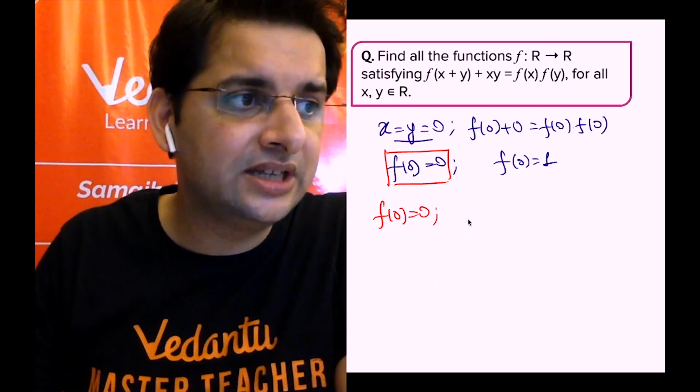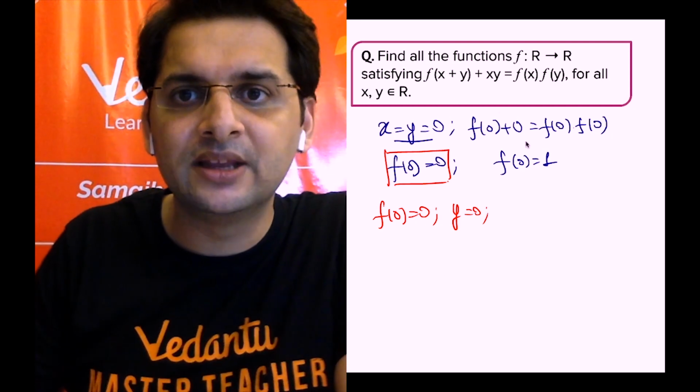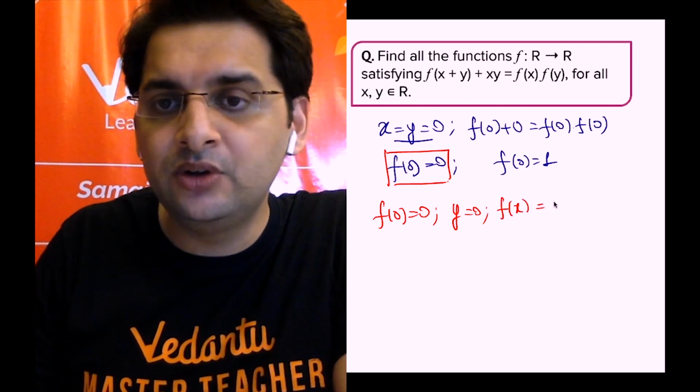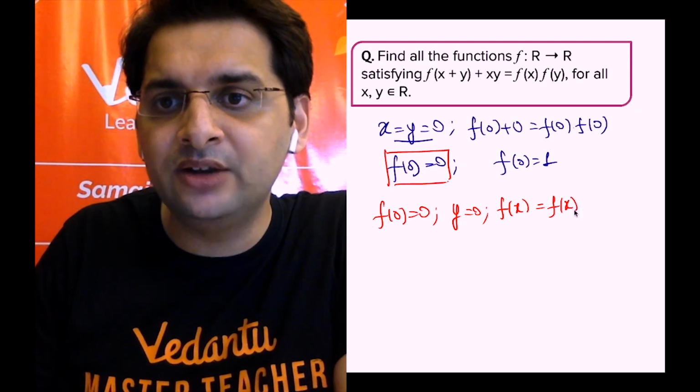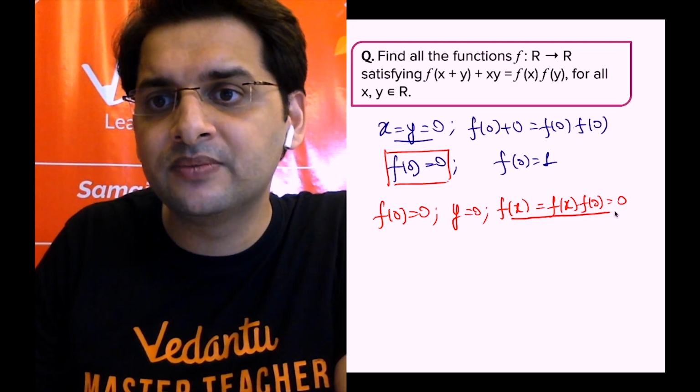Now if f of 0 is equal to 0, we put y is equal to 0 in this equation. So we get f of x plus 0 is equal to f of x into f of 0, which is 0. So f of x is equal to 0.